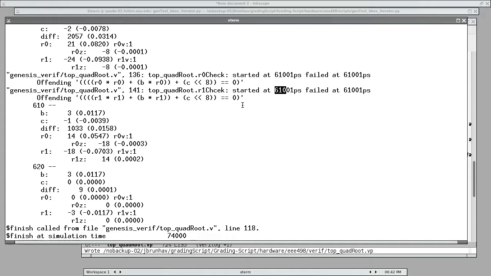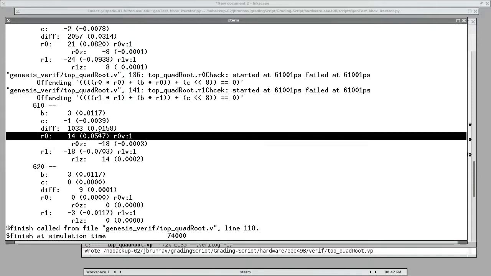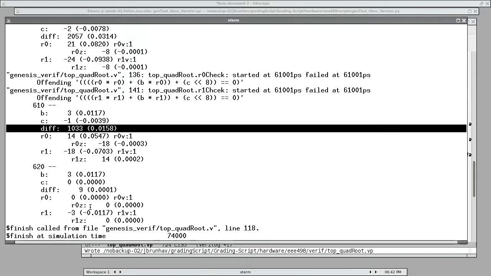So it is saying, so our inputs were 3 and minus 1, so x squared plus 3x minus 1. And the difference was 0.0158. Okay, so that seems big.